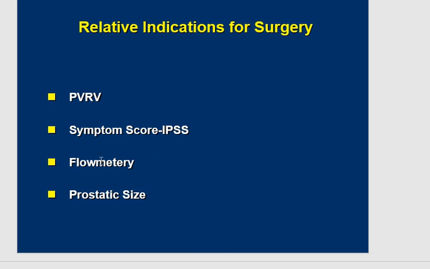Flowmetry, if the Qmax is less than 10 milliliters per second, probably that is a severe obstruction and the patient should undergo surgery. And the prostatic size is also a relative indication. The bigger the prostate, the more likely the patient is to go into urinary retention. So symptoms with a bigger prostate is a relative indication for surgery, and symptoms with a smaller prostate, there are fewer chances that the patient would develop urinary retention.